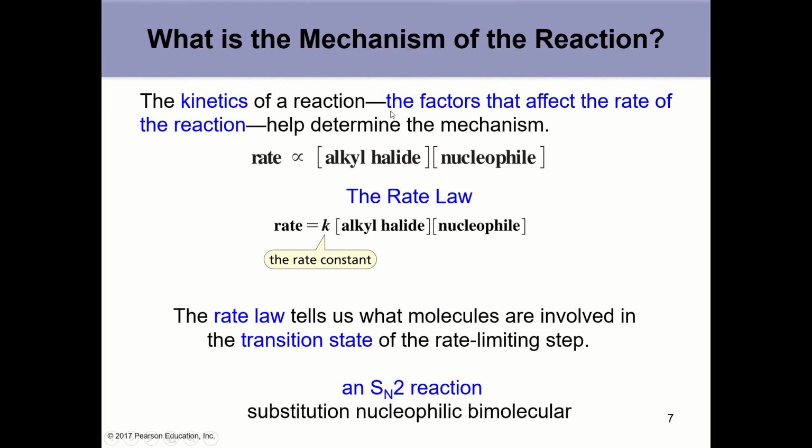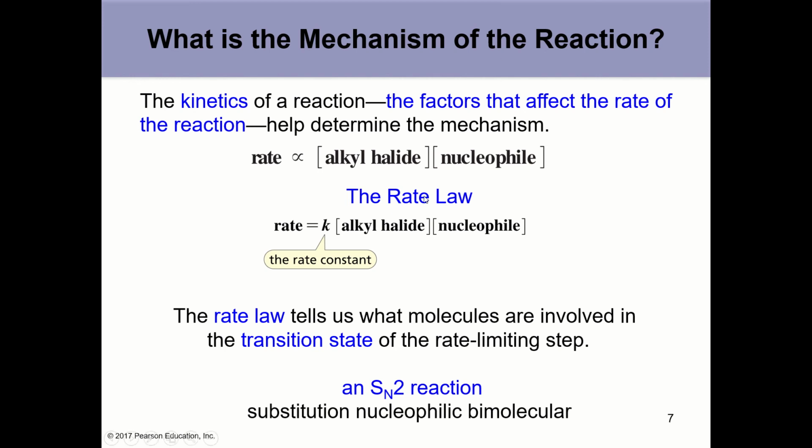In the kinetics of a reaction, the factors that affect the rate of the reaction help determine the mechanism. So we like to do a lot of work with mechanisms in organic chemistry, and we're going to first look at the rate of the alkyl halide and the nucleophile.